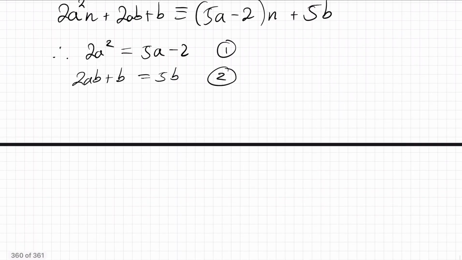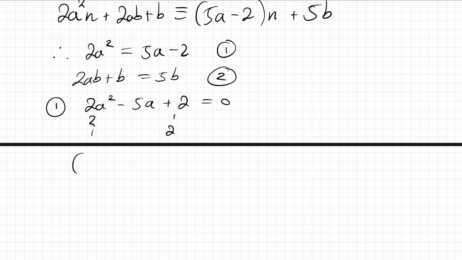Now we can solve this first equation just in a, so we get 2a squared minus 5a plus 2 is equal to 0. Factorize that to become 2a minus 1 and a minus 1 is equal to 0.